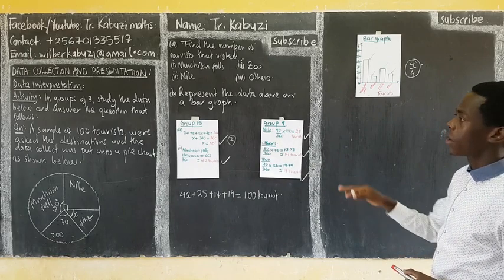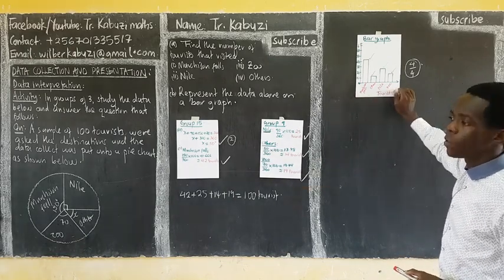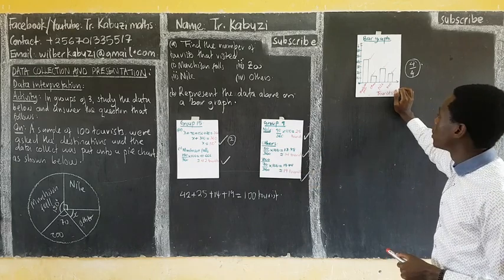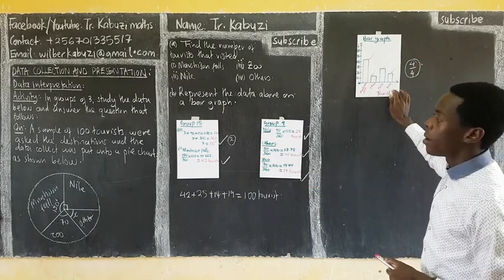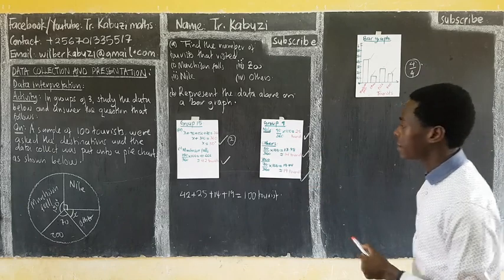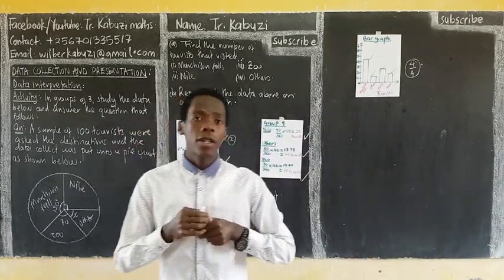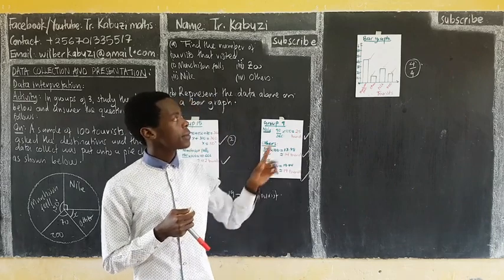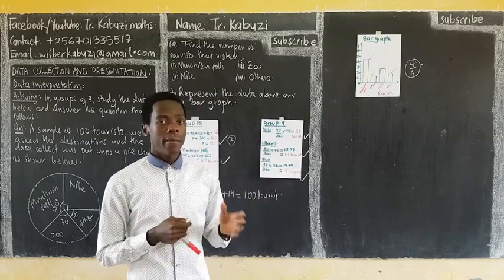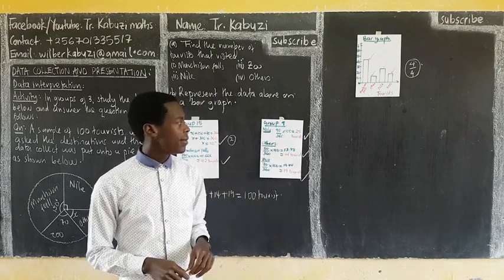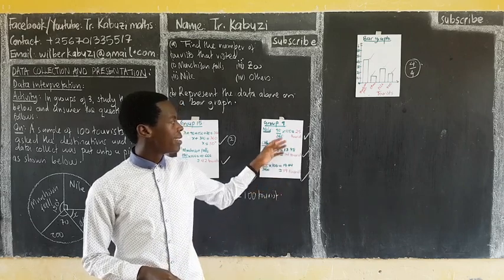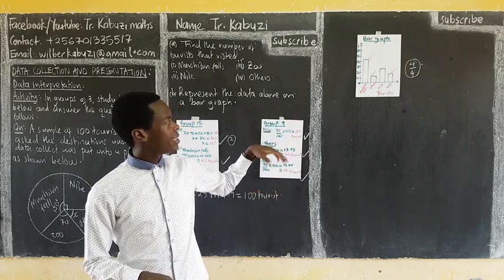So that's how we convert from pie chart to bar graph. The next lesson we are going to see how to convert from the bar graph to pie chart, or also from a pictogram to a bar graph. So you should be able to interchange them with ease. I'm happy that people did it in the way we expected.